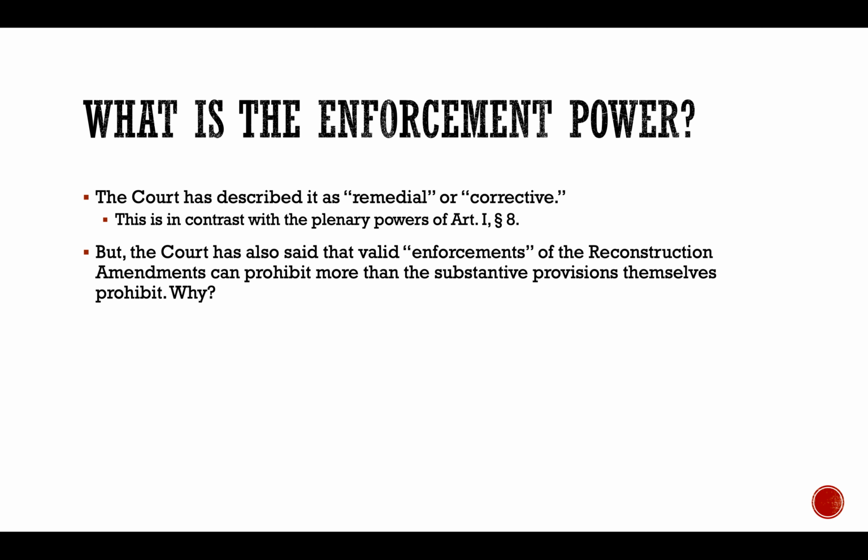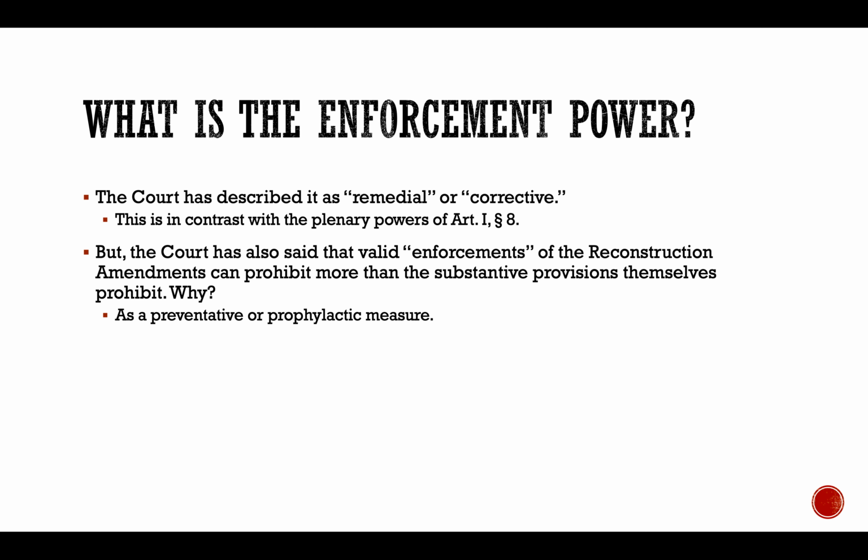If Section 5 says that Congress is given the power to enforce the provisions of the 14th Amendment, and it's the Supreme Court that sets out what those provisions of the 14th Amendment are, what's the theory that Congress can go beyond those prohibitions? And the court has told us, and especially in this case today, that Congress can enact these preventative or these prophylactic measures that have their eye on the end goal of preventing violations of Section 1, that is, preventing violations of the Equal Protection Clause or the Due Process Clause.